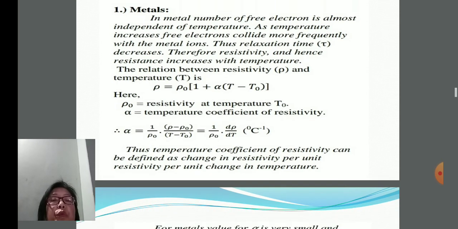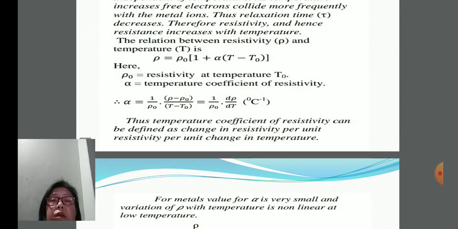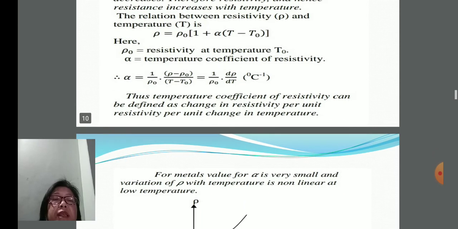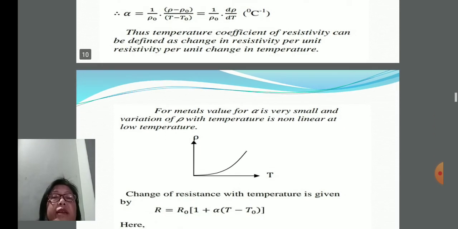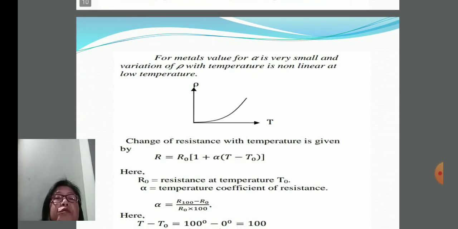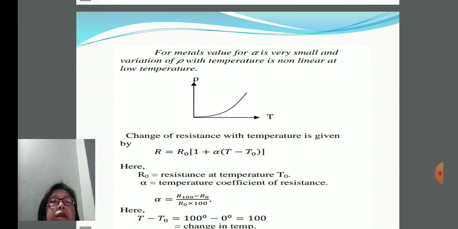Now when we plot a graph between resistivity and temperature, the graph is non-linear at low temperature. For metals, this alpha value is very small and it varies non-linearly with temperature. So when we plot a graph, we will get a graph of non-linear shape.